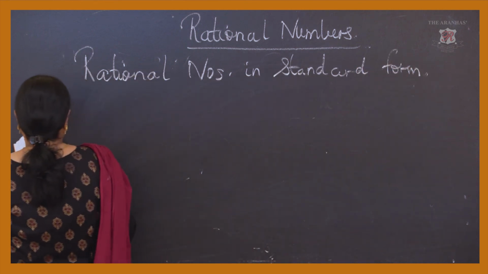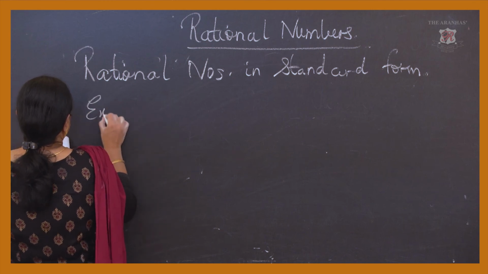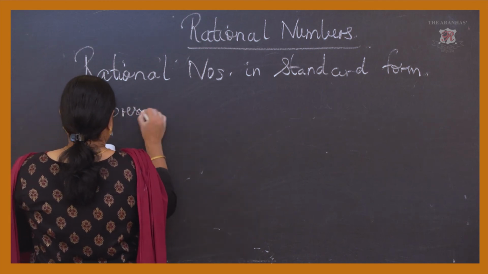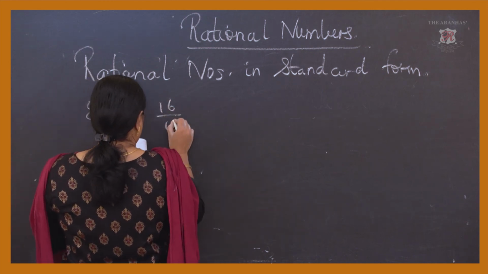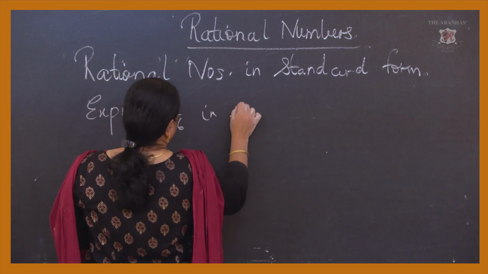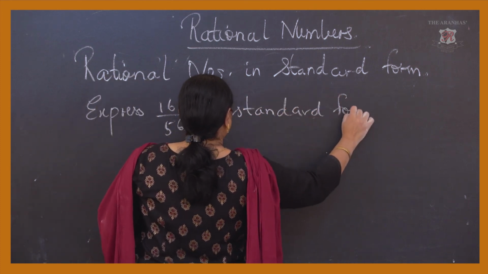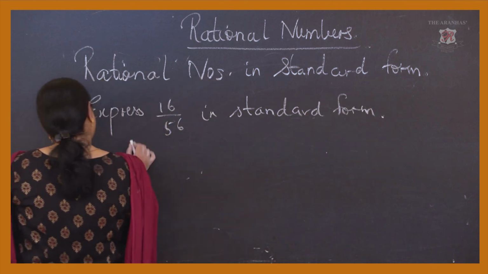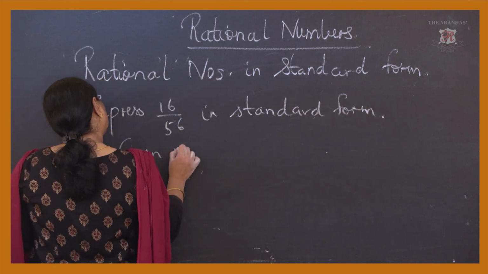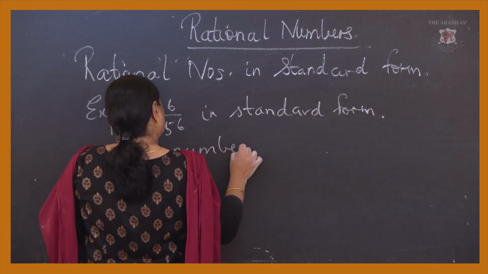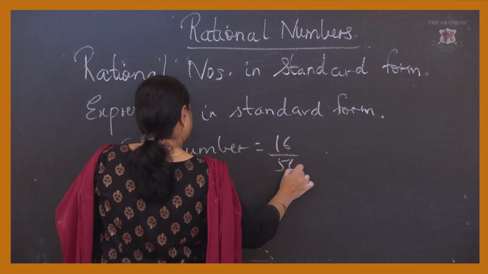Suppose we are going to express 16 upon 56 in standard form. Here the given number is 16 upon 56.